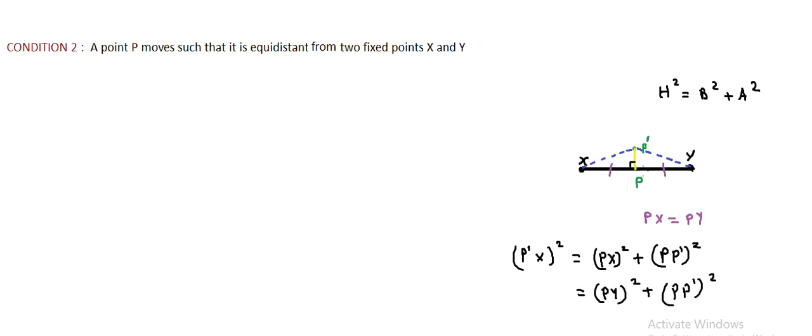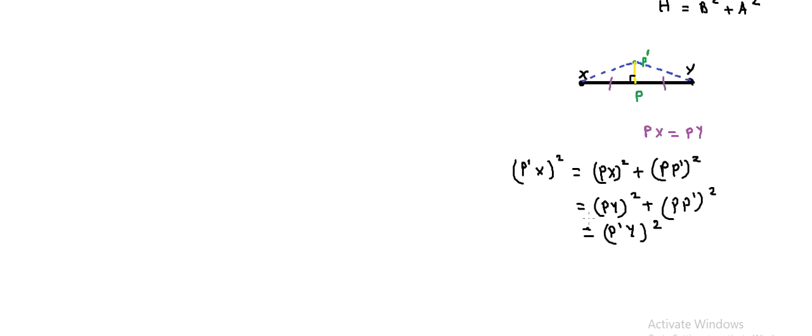Here PY is this part and PP dash is this part. So PY square plus PP dash square will be equal to P dash Y square because this is also a right angle. So this will be equal to P dash Y square. Now P dash X and P dash Y are distances between 2 points, so it will never be negative. So taking the square root, we get P dash X will be equal to P dash Y.